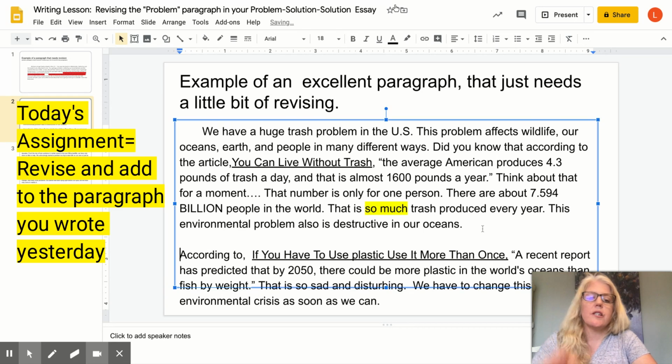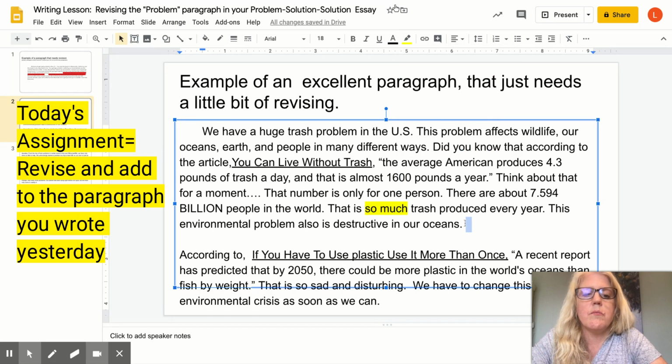However, if I were this student, I'm going to just put some yellow highlight in here so he knows where to put it. I would look in my sources and find one or two more examples of the environmental problems.